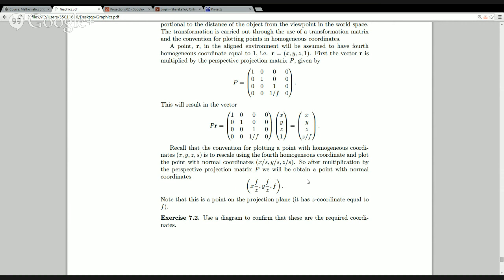The eye would be here. The projection plane will be somewhere here. So you could take a general point out here. That is f there. So this is the vector r. Here we want to see the vector r prime, the projection of it.